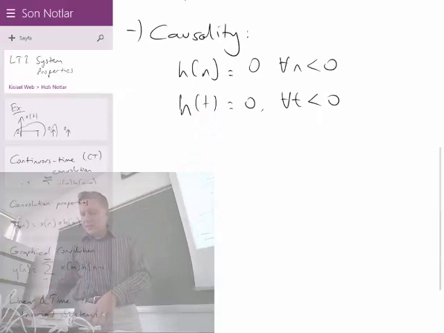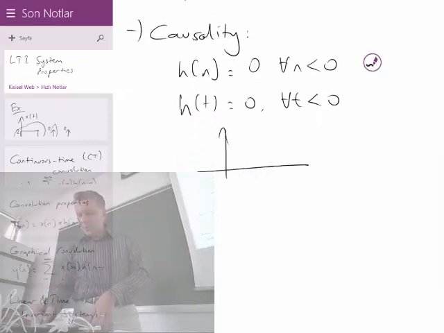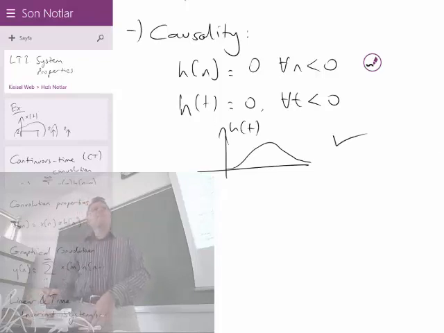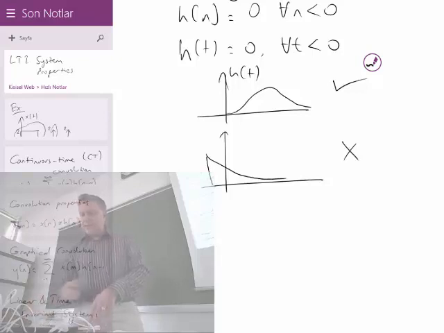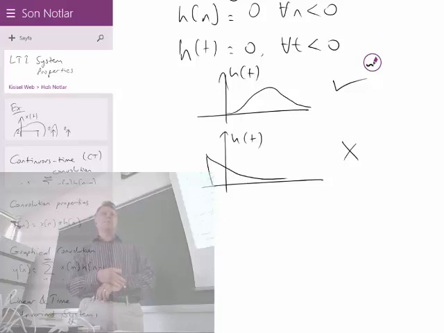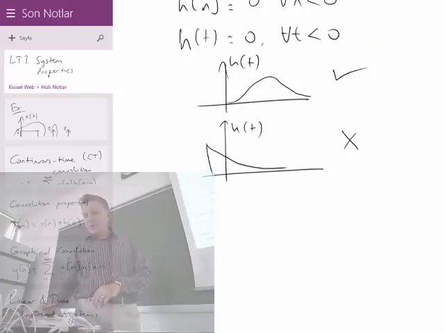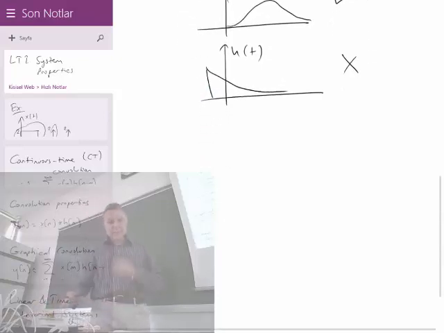So these are, for example, all causal impulse response linear and time invariant systems. But if you have something like this, this is not a causal LTI system because it's non-zero in the negative time. Okay? So the causality check is as simple as that.